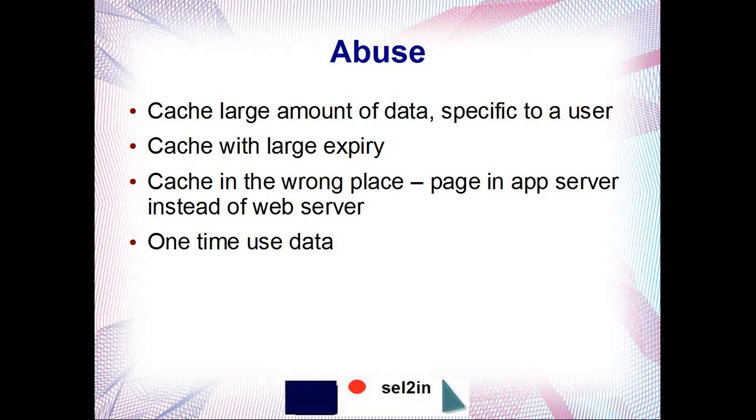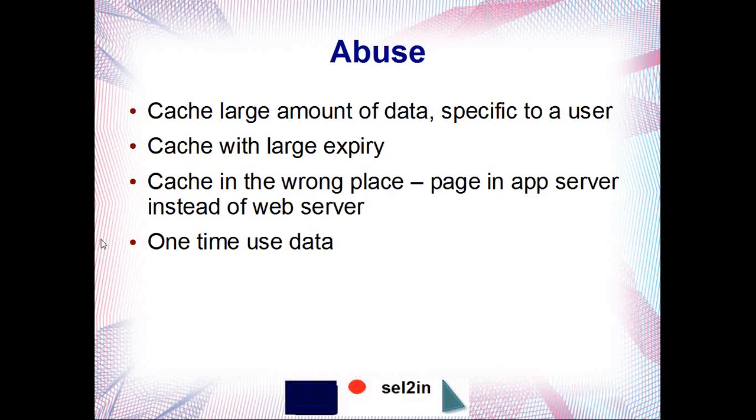Of course, if there's some data like an OTP which is only going to be used once, then it probably does not have to go into a cache. Though if your whole application depends on serving that OTP and verifying it very fast, then there are instances where you might cache it.